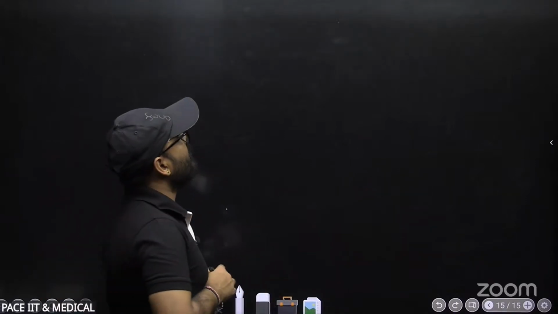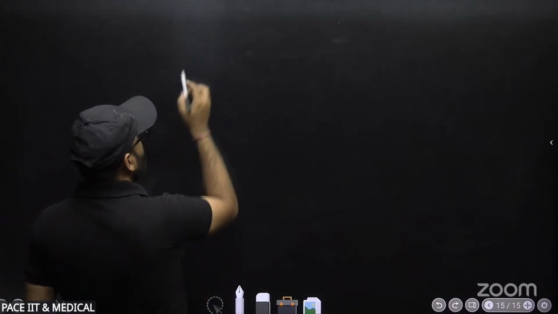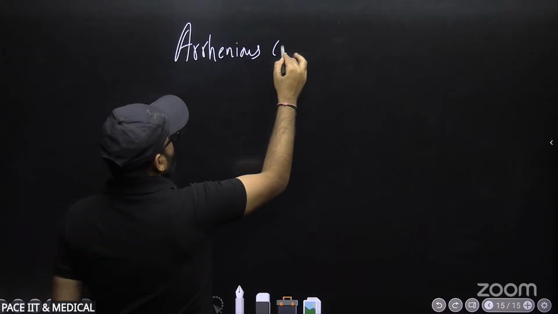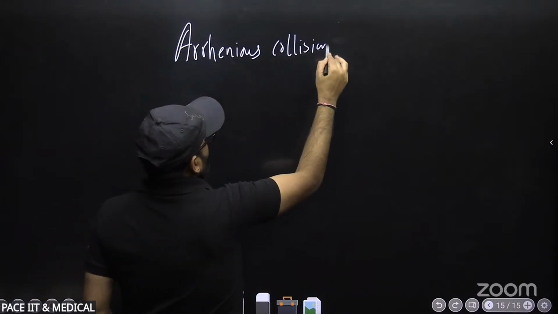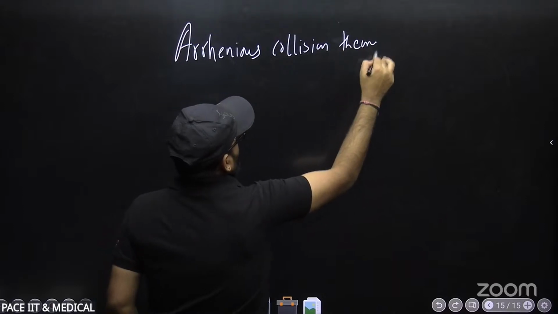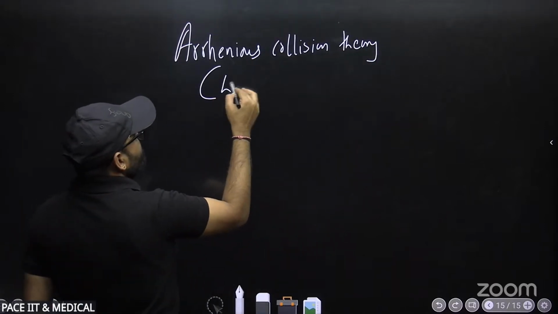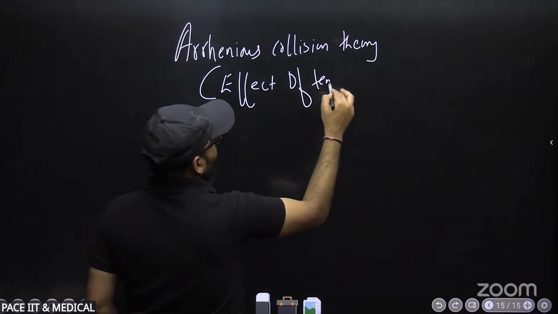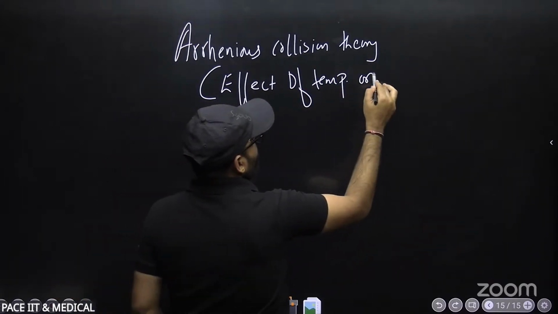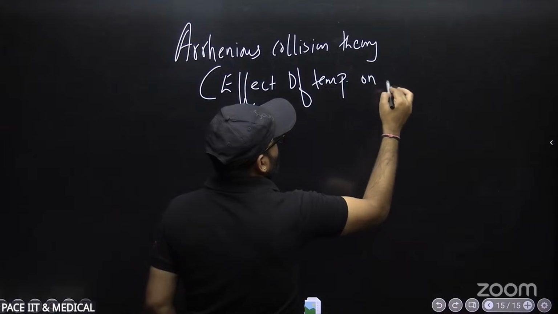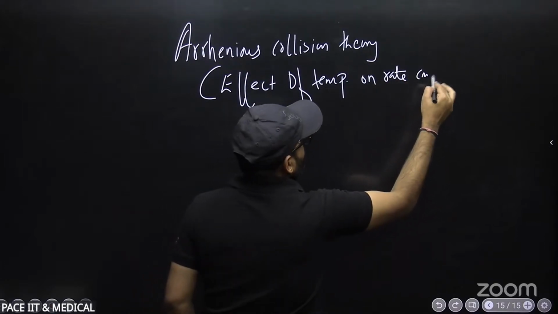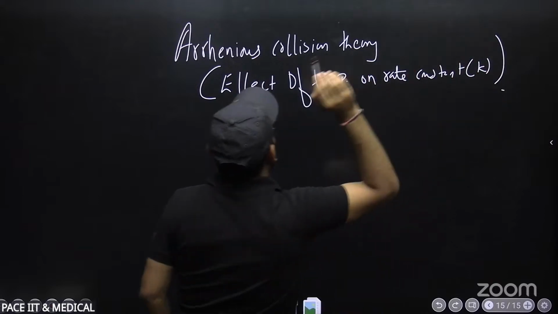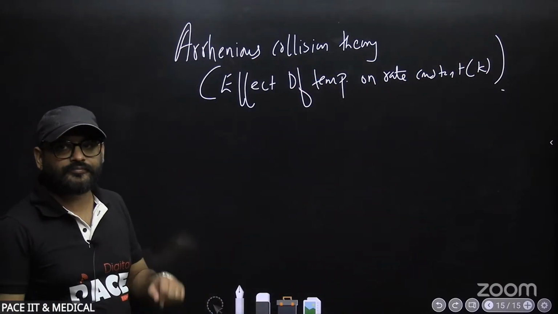The last topic in kinetics is the Arrhenius collision theory, that is, the effect of temperature on rate constant. We are studying this topic in detail.